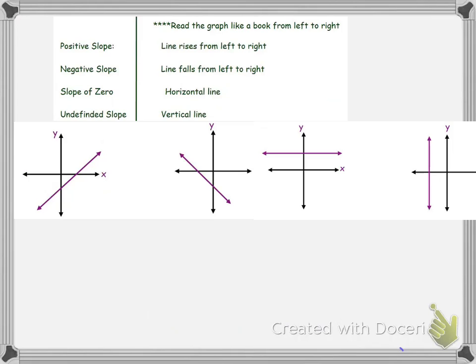Okay, I'm going to go through this fast. Remember, you can pause it, write it down, and then listen. But when you're reading the slope of a line, read it from left to right like a book. So this first one, from left to right, it's rising, which means it's going to be a positive slope.